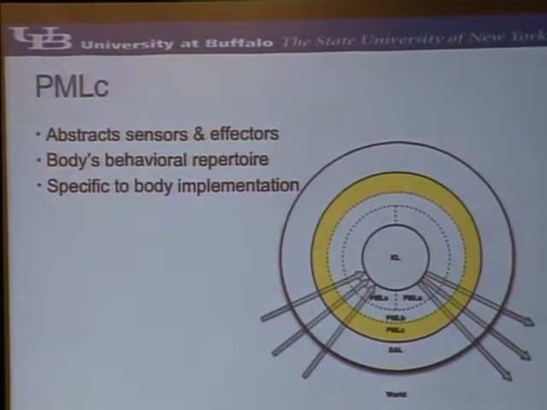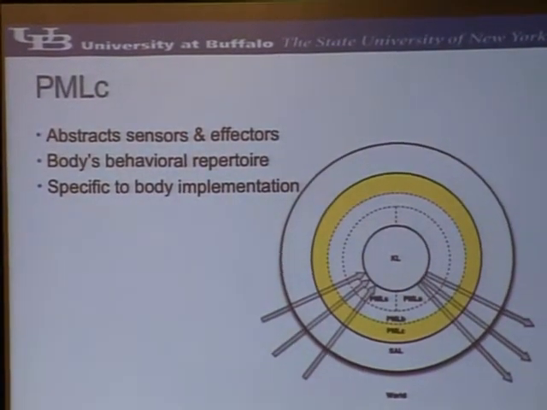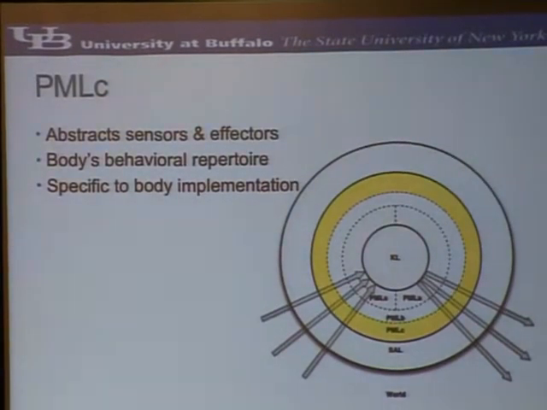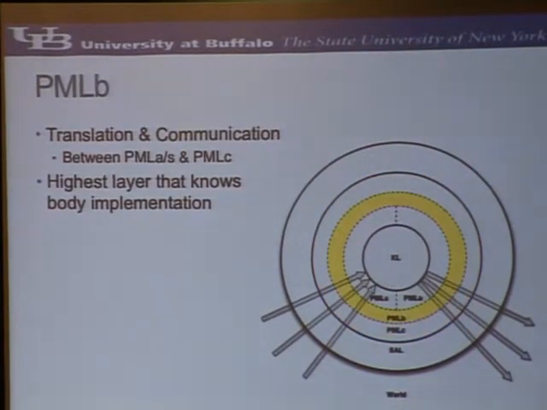This layer is specific to the implementation of the body, whether it's a hardware robot or a software robot. PML-B handles translation and communication between the next higher layer and PML-C. This is the highest layer that knows the body implementation. So when we move the mind to a different body, we switch PML-B and below for a new PML-B and below, but with the same upper layers.